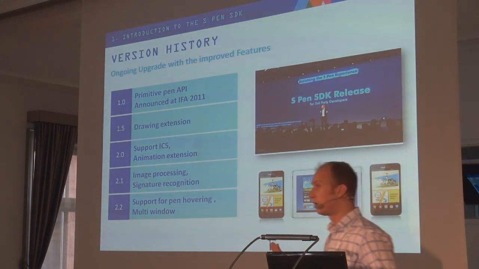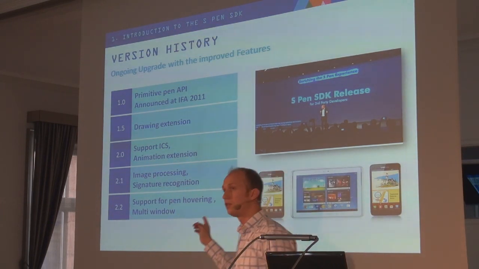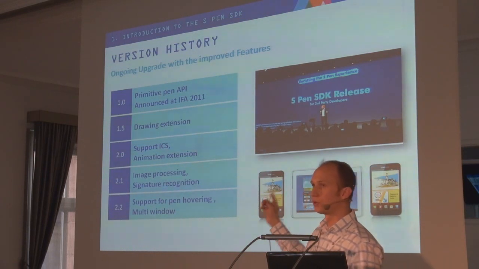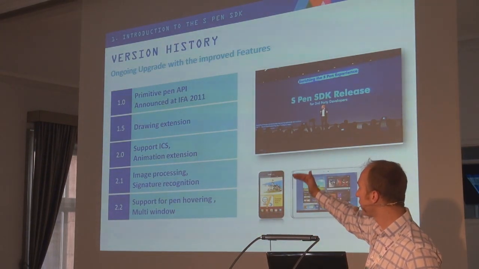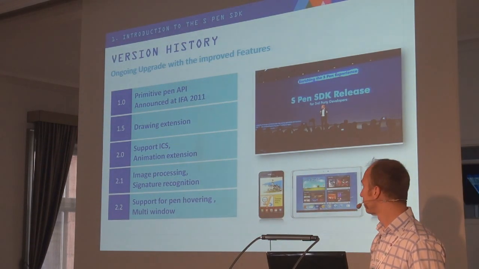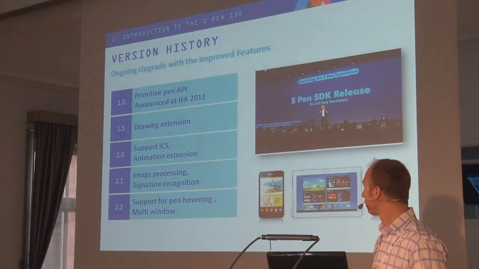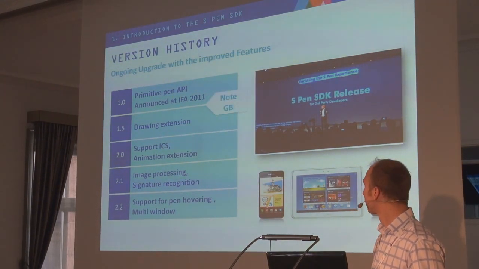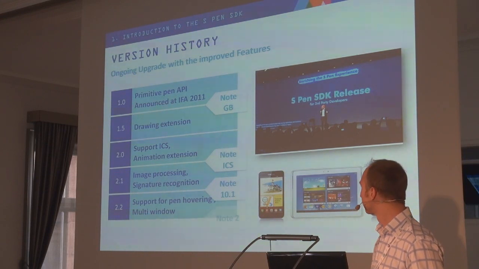Just briefly, the S Pen SDK was released 1 year ago at IFA, along with the Galaxy Note 1. Then 1.5, 2.1, and finally we have this 2.2 version with multi-window support, etc. ICS, yes. And here we have Note 2.1 also.